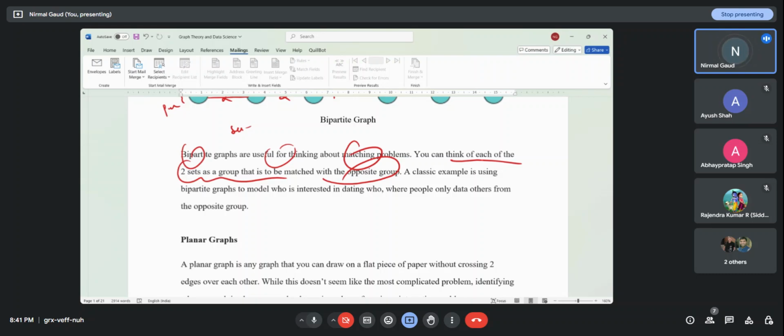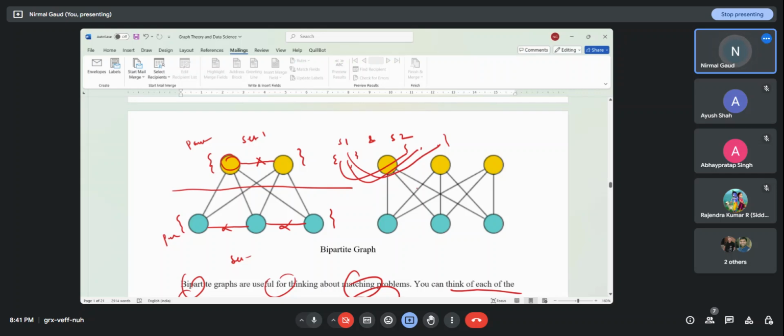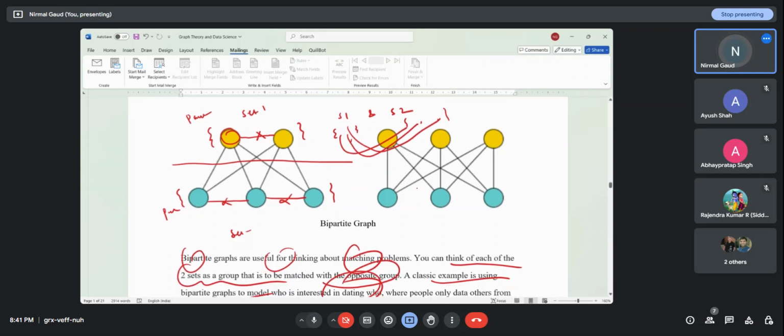A classic example of bipartite is people interested in dating only the people present in the other group, not the same group. So just make the groups and connect one to one. And if everything is connected, every node to every node, then it is complete bipartite. If every node in one set is connected to every node in the other set, it is complete bipartite.